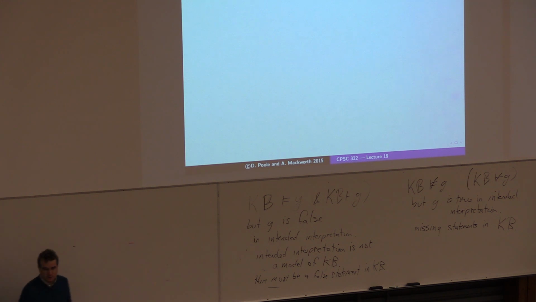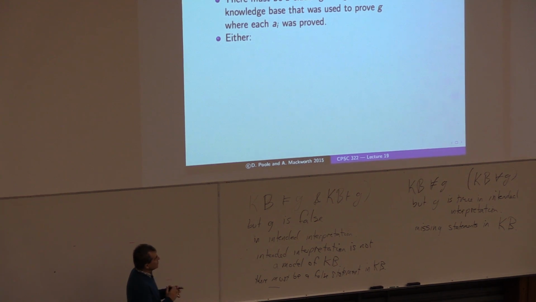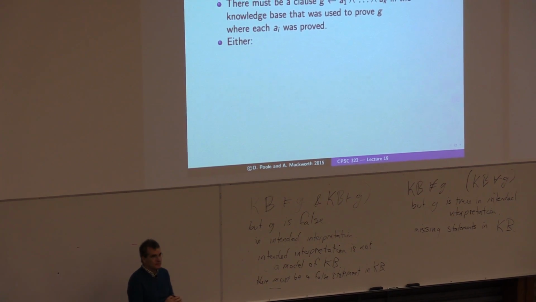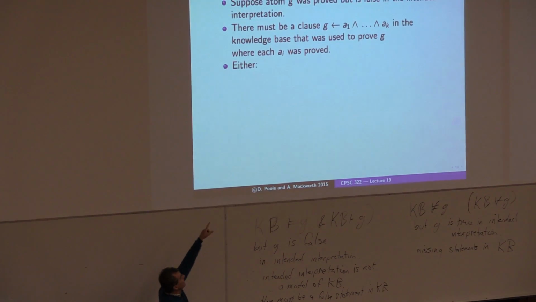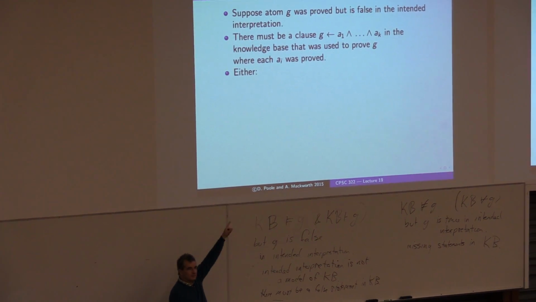So if there's something that's proved but false, then there must be some clause. There must be some clause, G if A1 to AK, in the knowledge base that was used to prove G, where each of the elements of the body was proved. So the only way we can get G is by using one of these rules. And if it logically follows, this must happen as well.